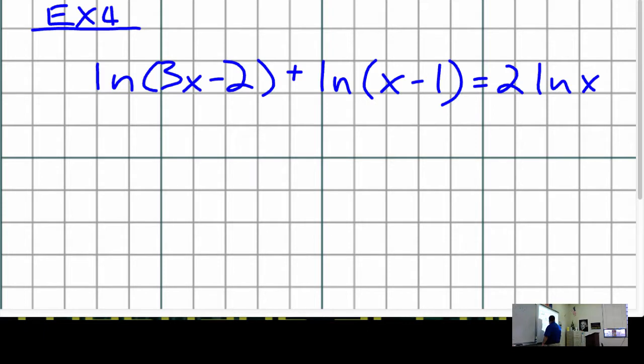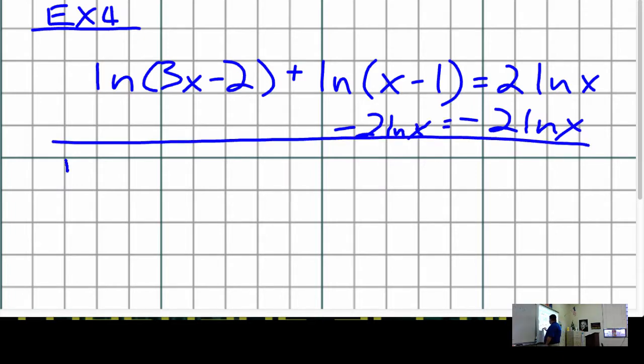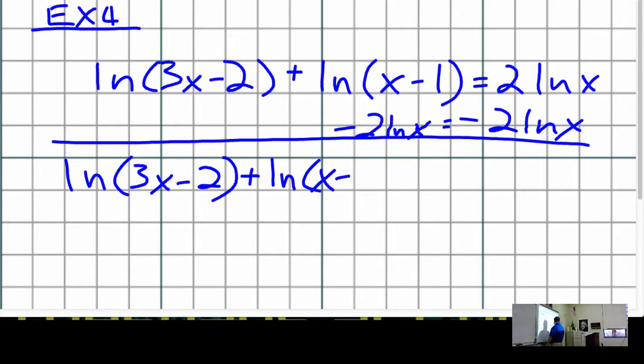So if I subtract 2 natural log of x from both sides, I get the natural log of 3x minus 2 plus the natural log of x minus 1 minus 2 times the natural log of x equals 0.